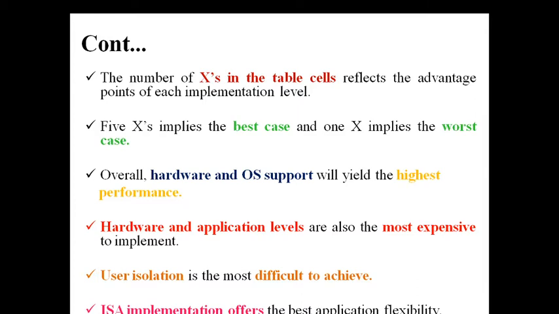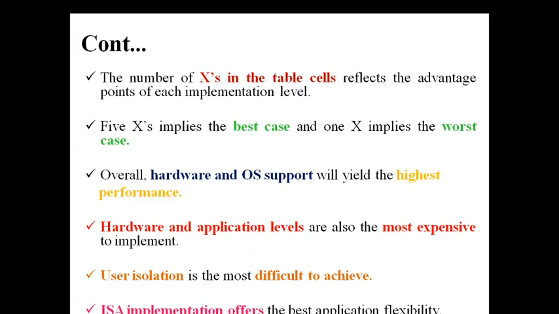ISA implementation offers the best application flexibility. If you are able to convert the instruction set for any type of application based upon its requirement, that is the best concept, right? For example, one person is speaking English, one is speaking French, one is speaking Japanese. Whatever language the user gives to the system, the system is able to understand the language and execute the instructions.